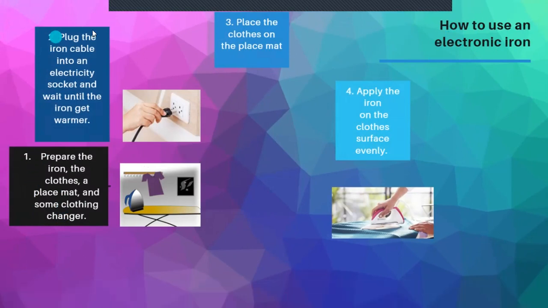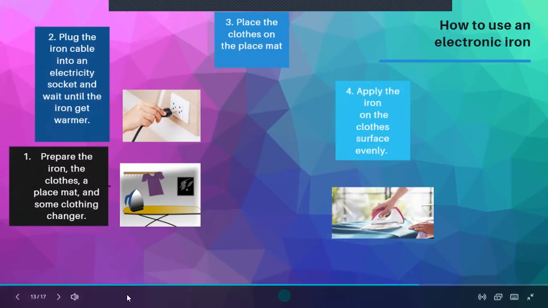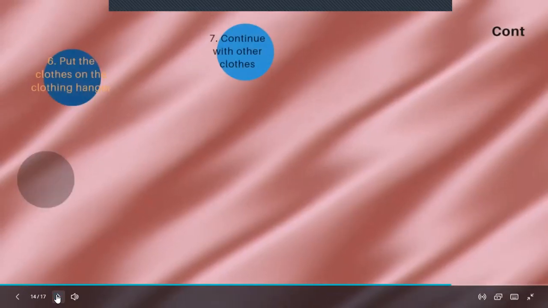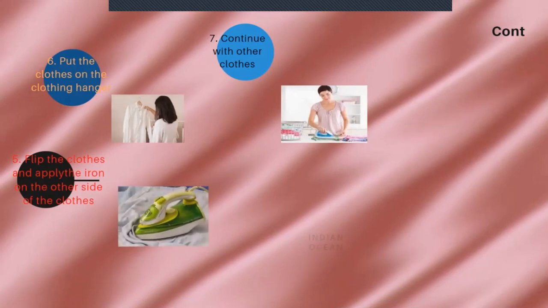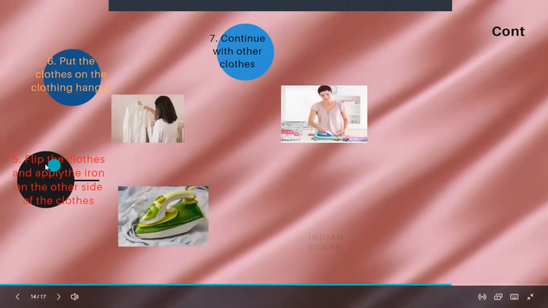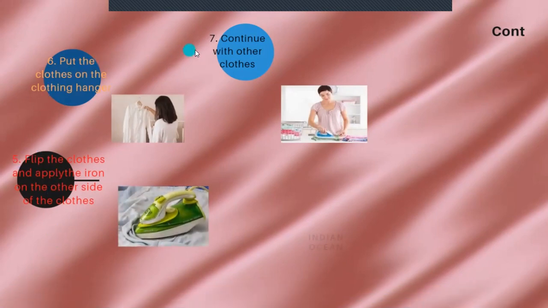Okay, number 1, 2, 3, 4. Don't worry, there's a continuation. Number 6, 7.